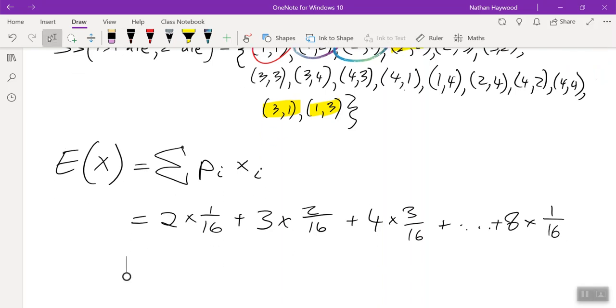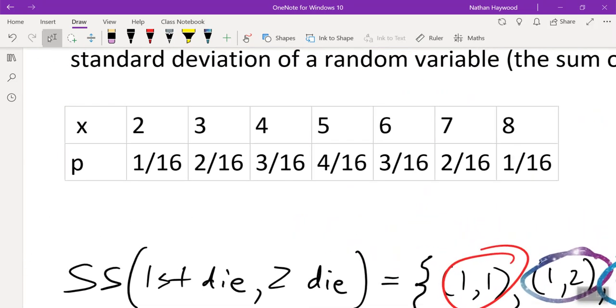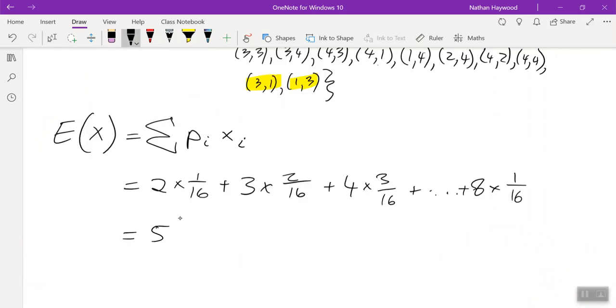Anyone want to guess what it's going to be? What's the expected value? 5, because that's the most common. So your expected value when you roll 2 die is 5.